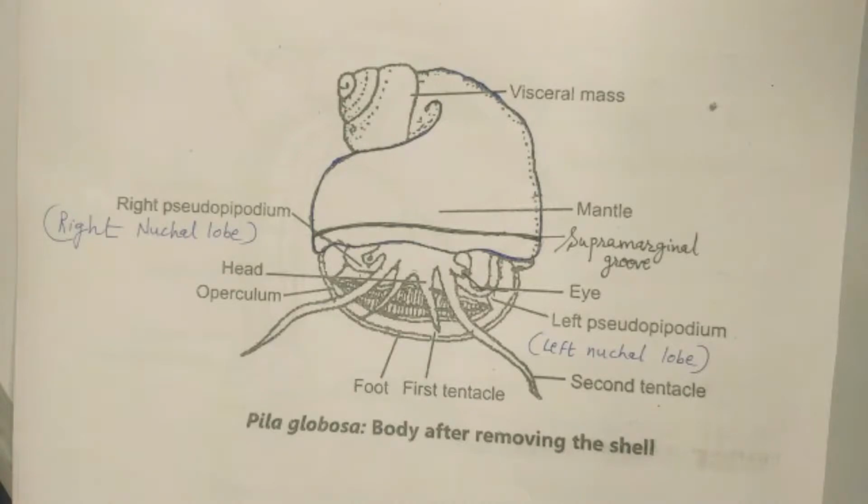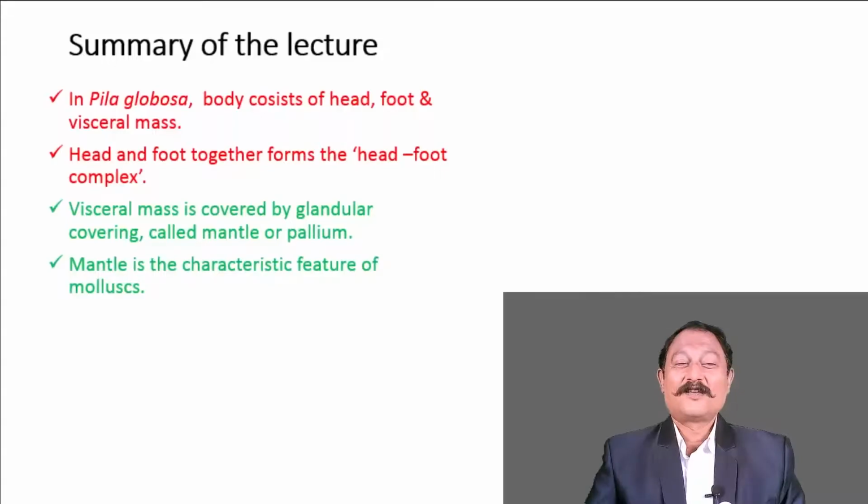Okay. Thank you. Summary of this lecture. Body of Pila and mantle of Pila. What we studied in Pila globosa: the body consists of head, foot, and visceral mass.